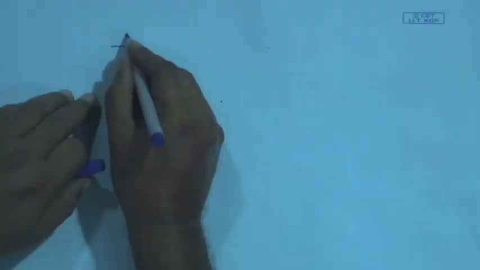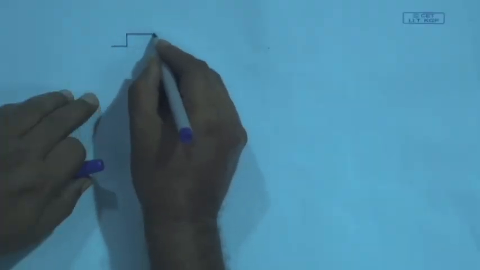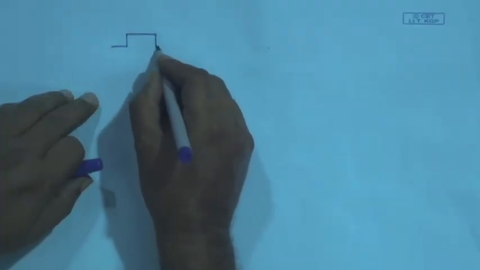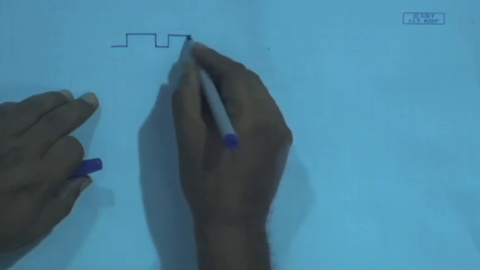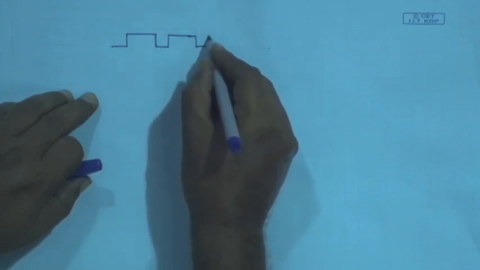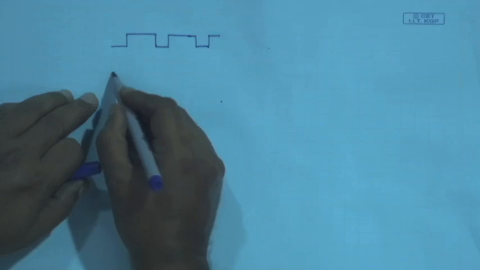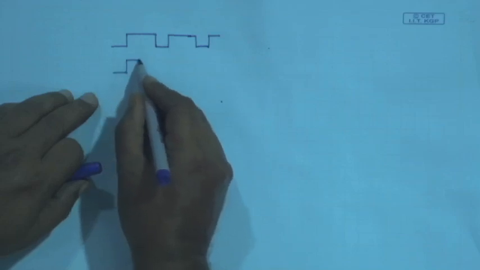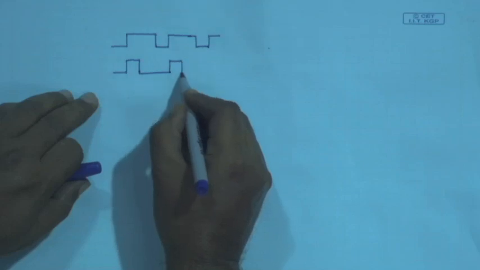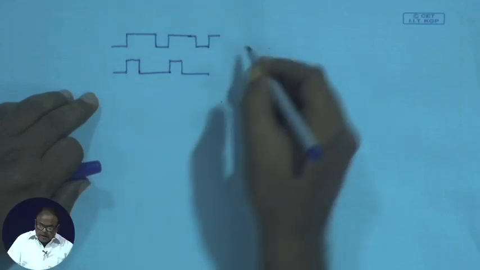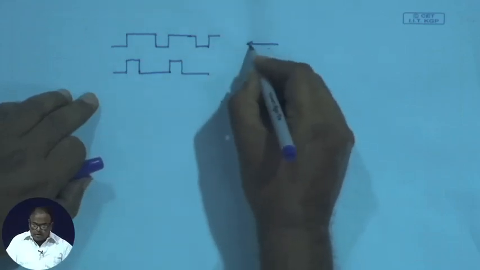And by that, as we modulate the width of the pulse, say this pattern versus this pattern, obviously the average voltage is more in this case, right.